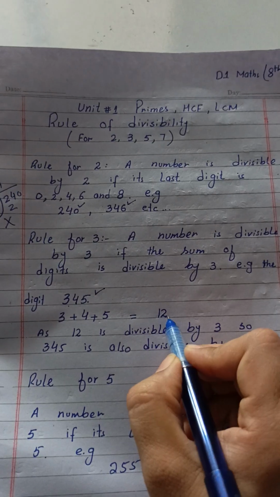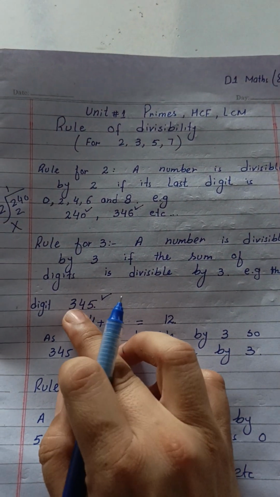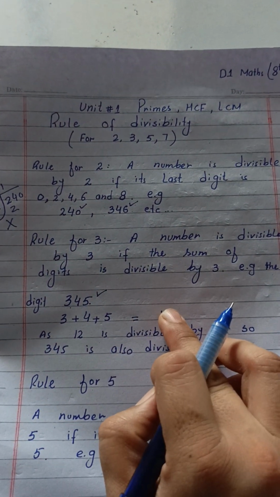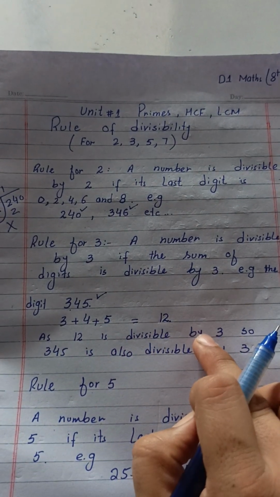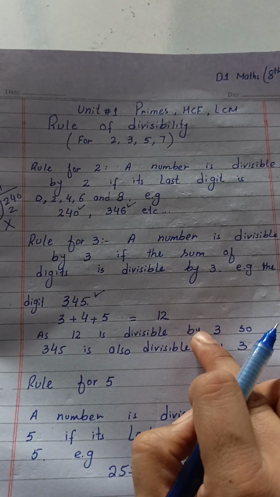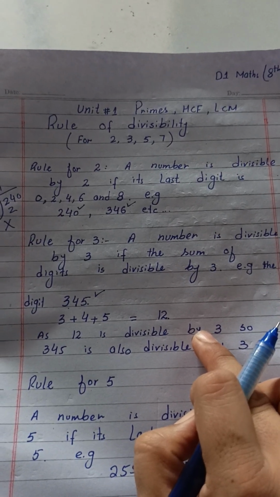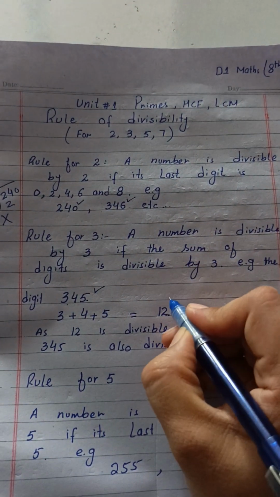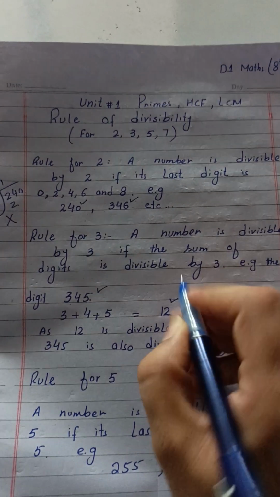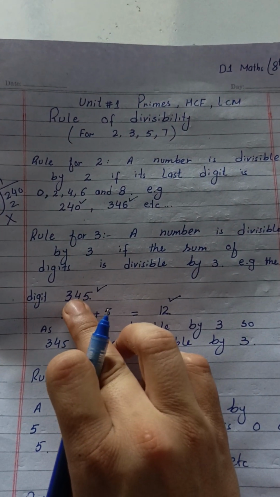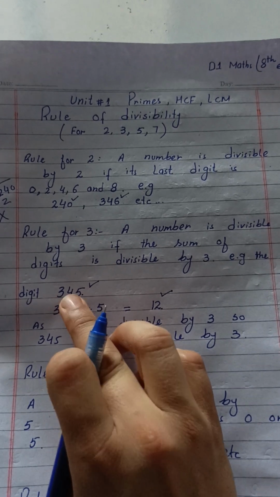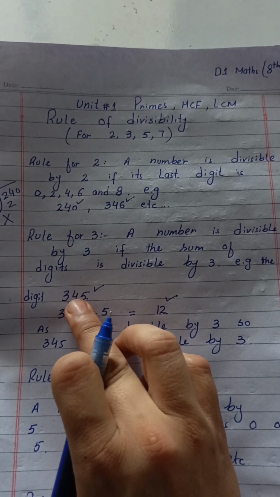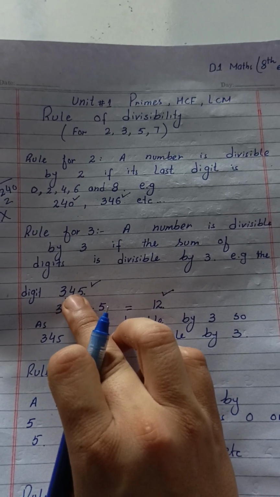The result is 12. Now you all know that 12 is divisible by 3. We all know that 3 times 4 is 12. Right? So the result is divisible by 3. It means the number 345 is also divisible by 3.